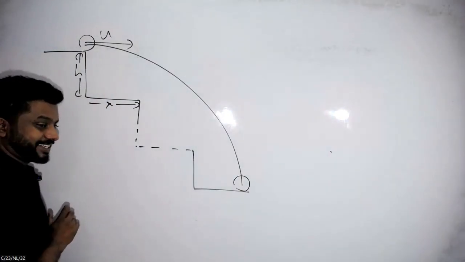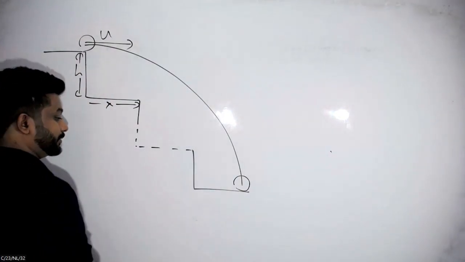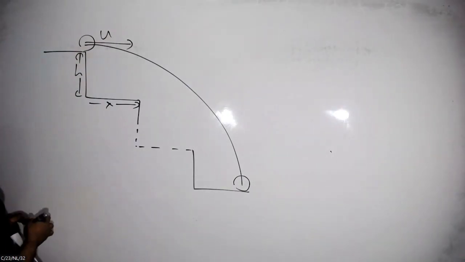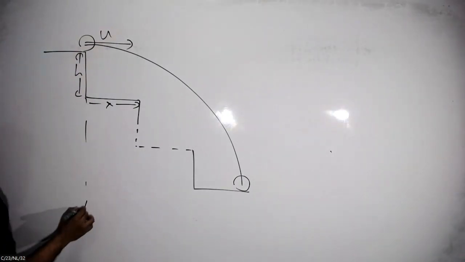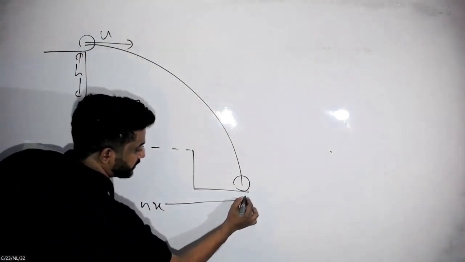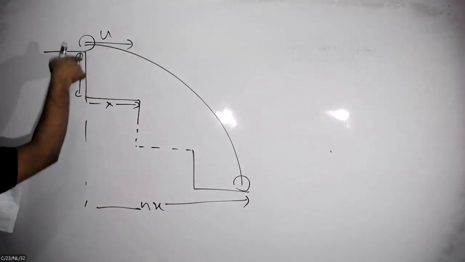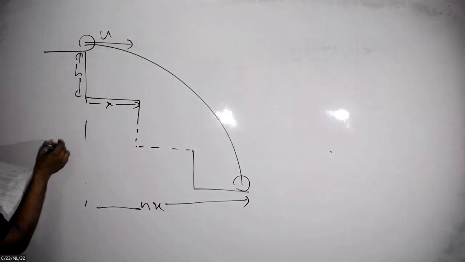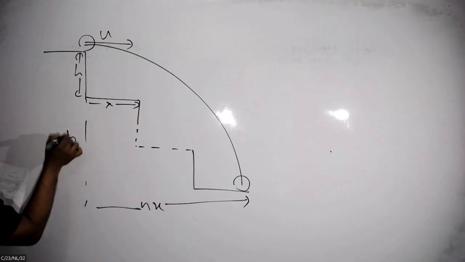Maximum horizontal range. Therefore, for the nth step, horizontal range should be equal to 3n into x. Vertical displacement should be equal to n into h.